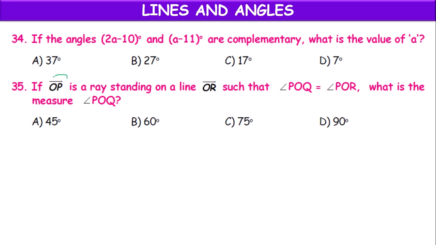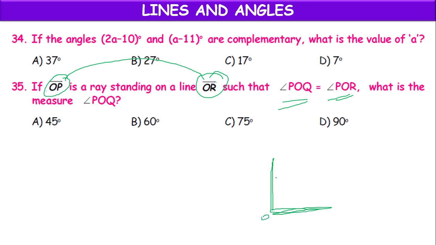Next one. OP is a ray standing on the line OR such that POQ equal to POR. So their common point is O. OP is a ray standing on OR, common point is O. So OP is a ray standing on OR such that POQ equal to POR.